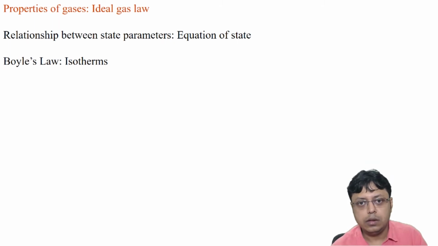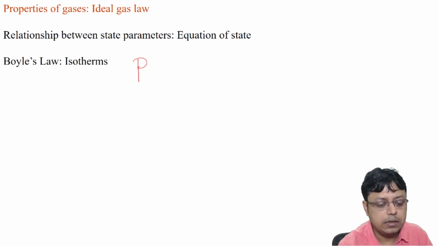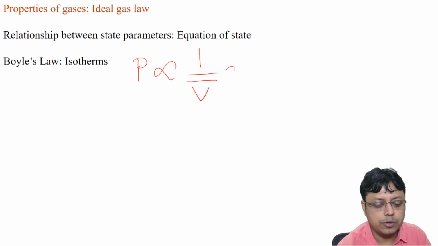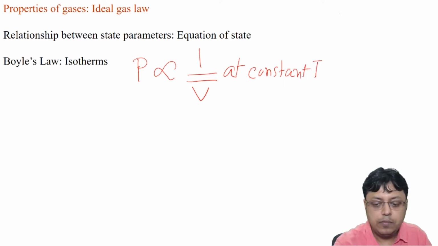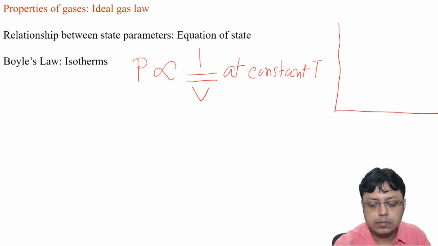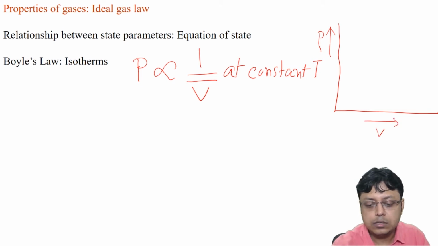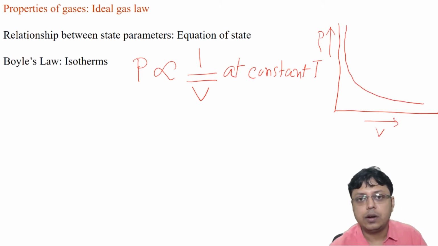You have learned Boyle's law, which states the pressure is inversely proportional to the volume at any constant temperature. So we can write, pressure is inversely proportional to volume at constant T. If we plot it, the pressure versus volume curve looks like a rectangular hyperbola, which we call an isotherm because it is taken at a constant temperature.